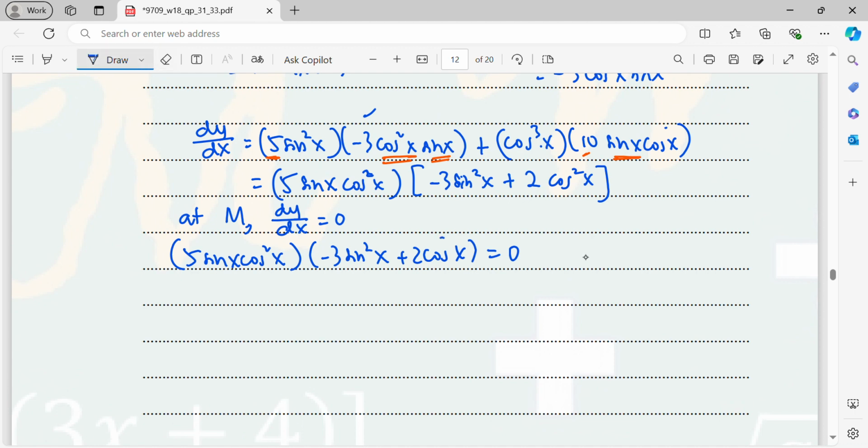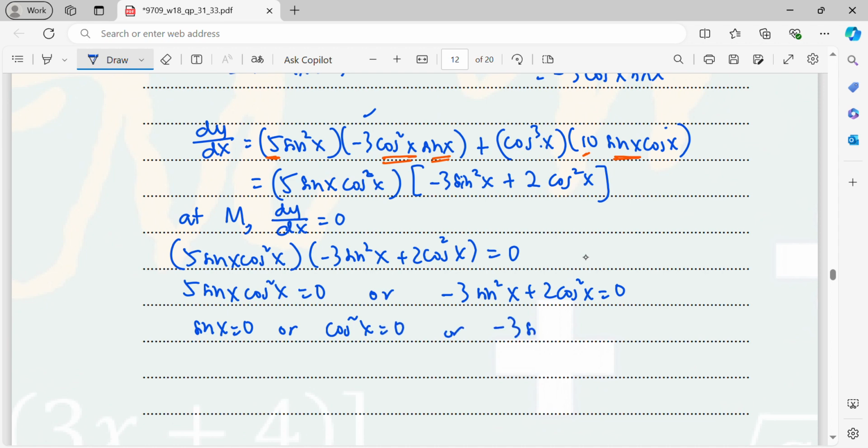Product of two terms equals 0 means one of them must be 0. So either 5 sin x cos²x equals 0, or minus 3 sin²x plus 2 cos²x equals 0. Again, when sin x times cos²x equals 0, one of them will be 0. That means either sin x equals 0, or cos²x equals 0, or minus 3 sin²x plus 2 cos²x equals 0.